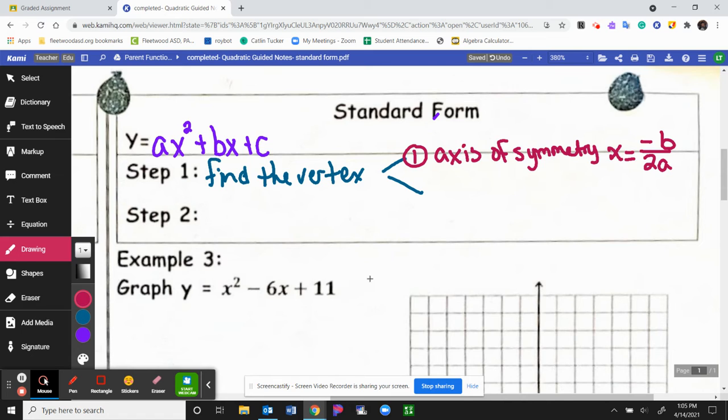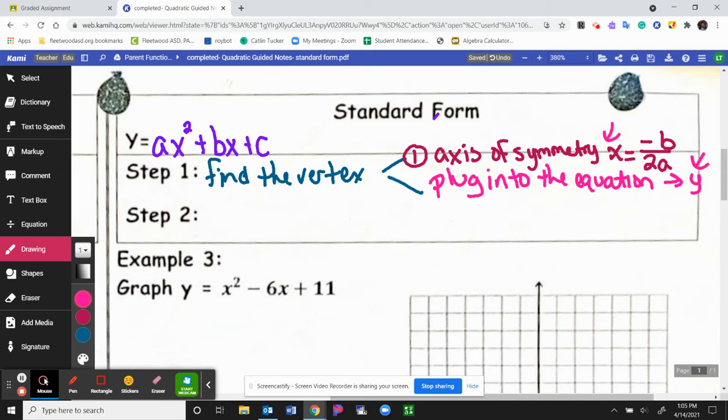So this is going to be the x part of the vertex. The other part of the vertex, to find the y value, we need to take that x value, okay, and you need to plug it into the equation. That will give me the y value of my vertex. So the axis of symmetry will give me the x value.